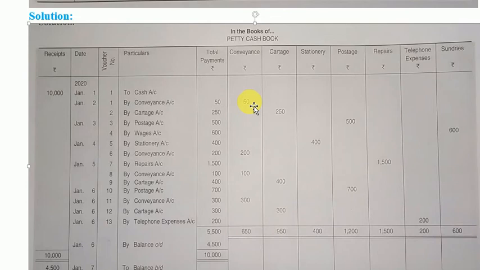At the end of the month, we can get the total expenses incurred in conveyance. For that, we record this payment in conveyance also.